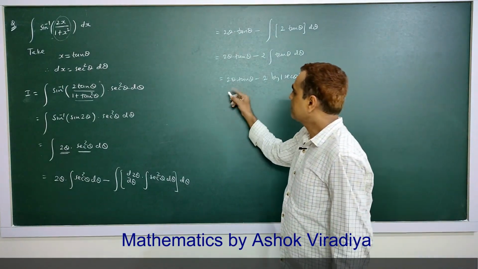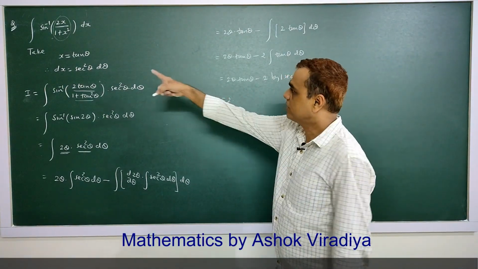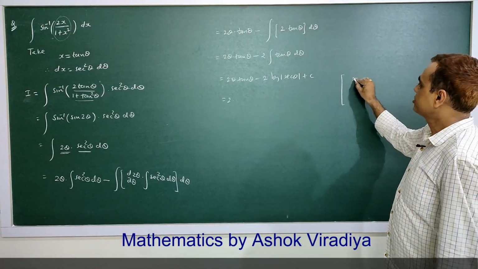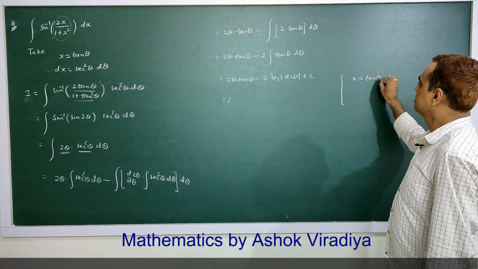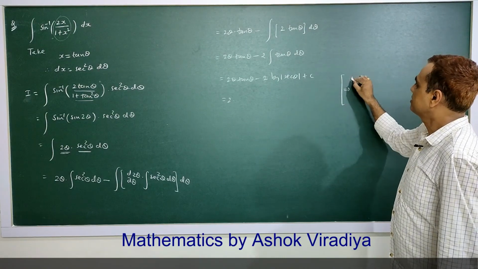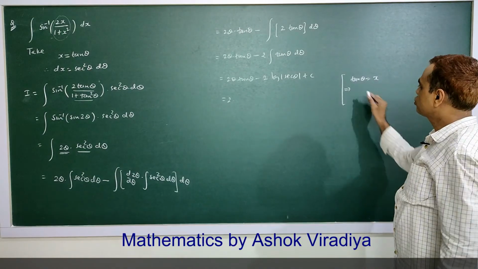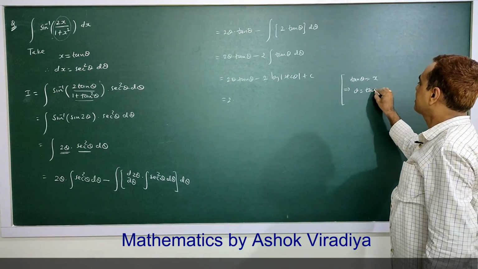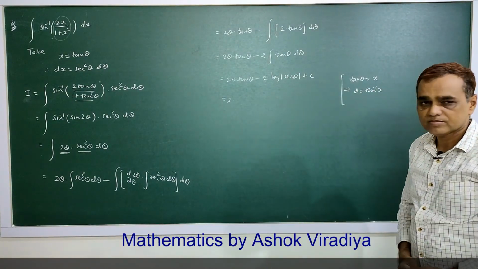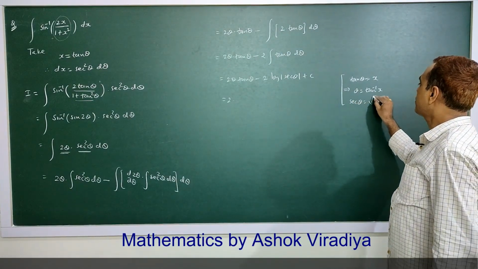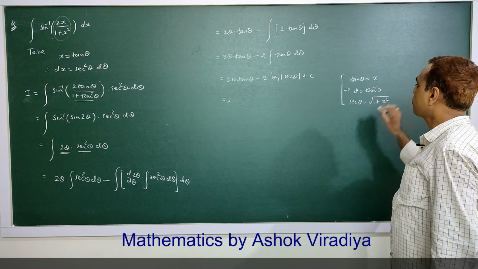Now coming back in x, see x is tan theta, so theta will be tan inverse x, and sec theta will be square root of 1 plus tan square.